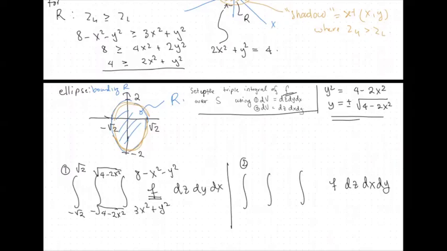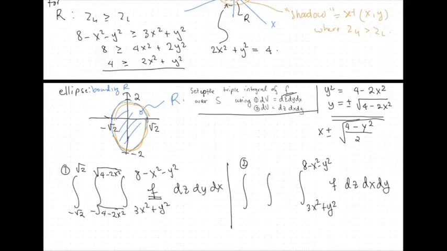So x is plus or minus square root of 4 minus y squared over 2, so you get the positive and negative square root. So the same here. And here we get this.